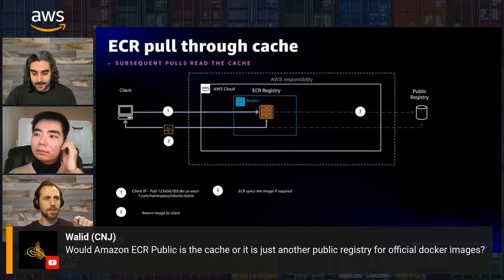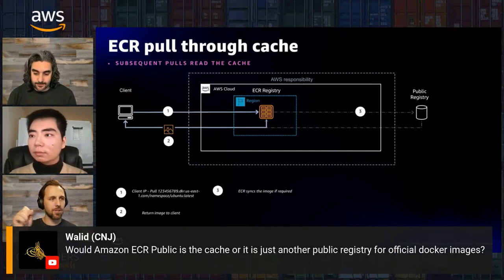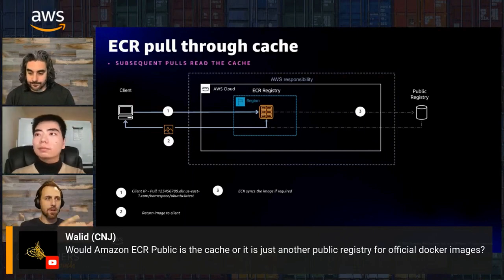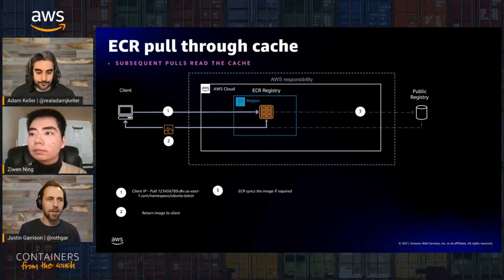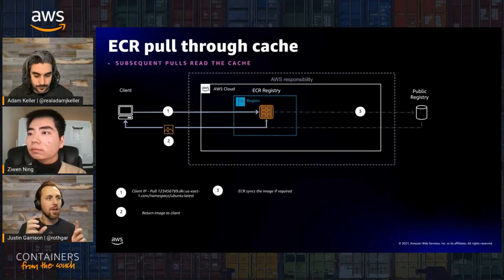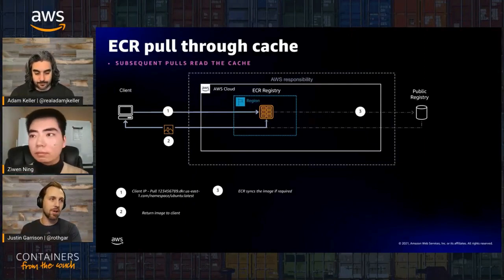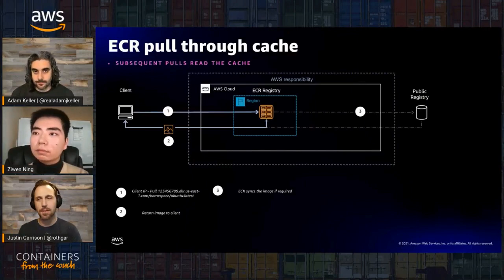ECR public has the Docker official images as a repository, which was also another announcement from re:Invent, where all of the official Docker Hub images, if you look, docker pull python, docker pull nginx, whatever, are now also officially pushed to ECR. So you don't have to do some of that mirroring yourself if you want them in ECR public.